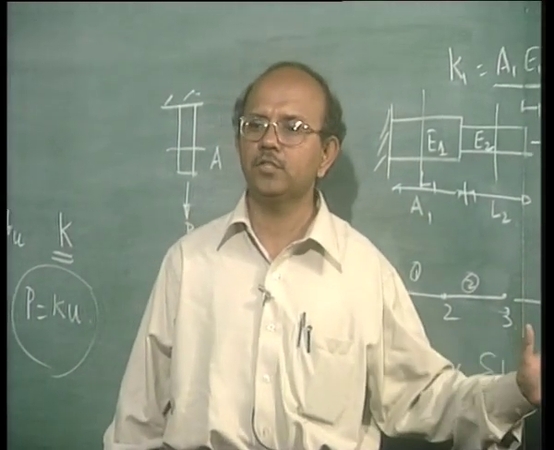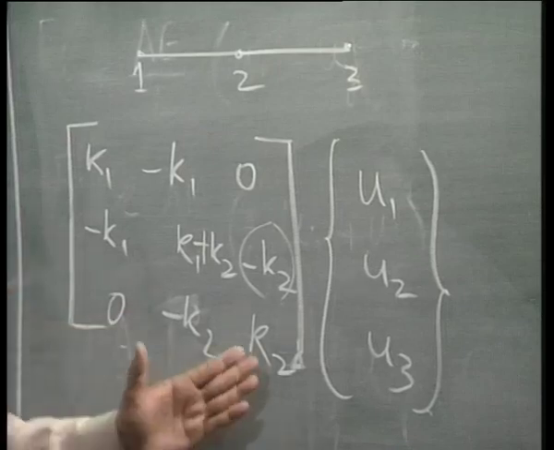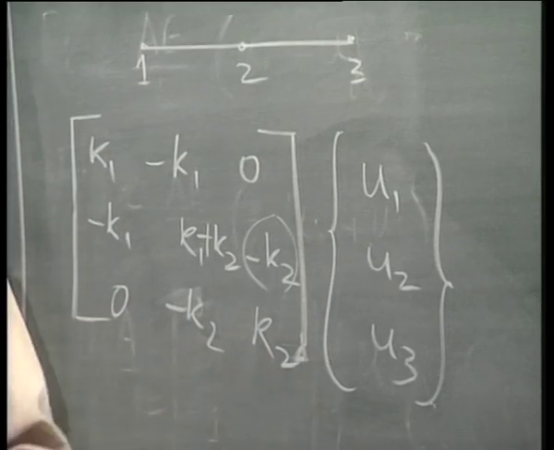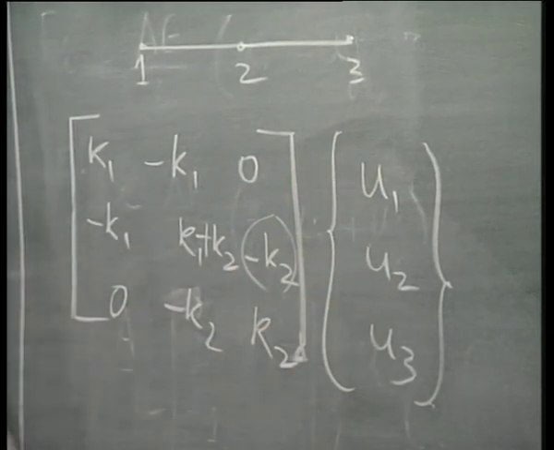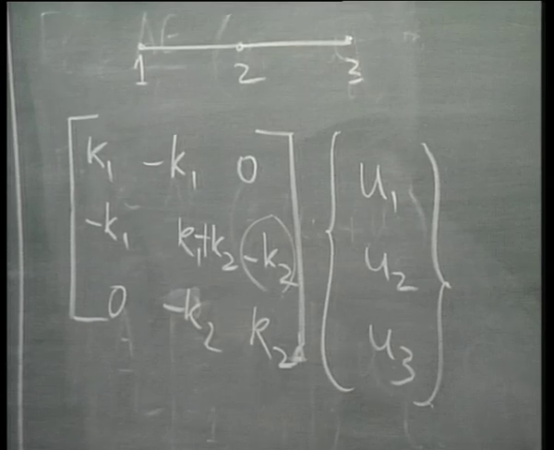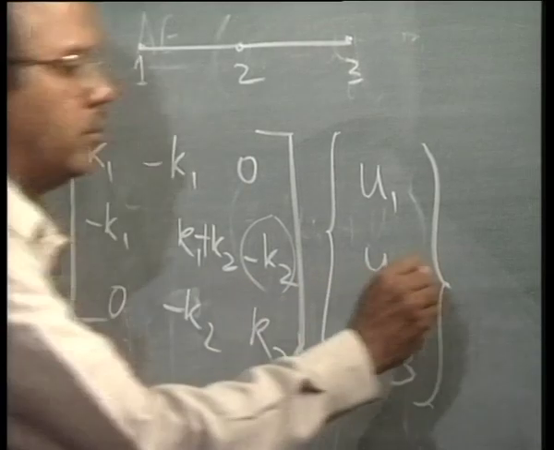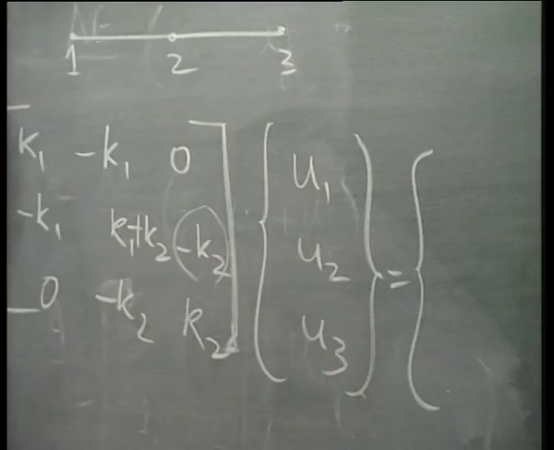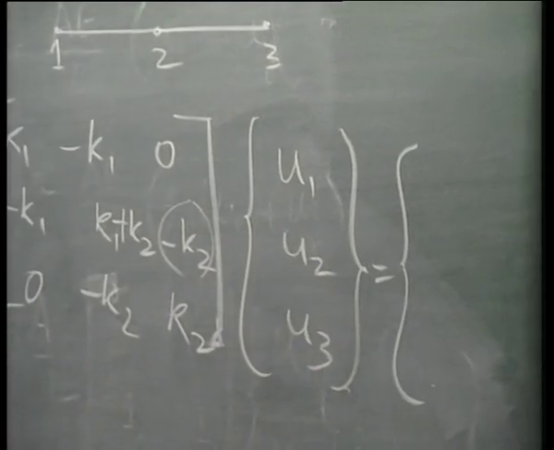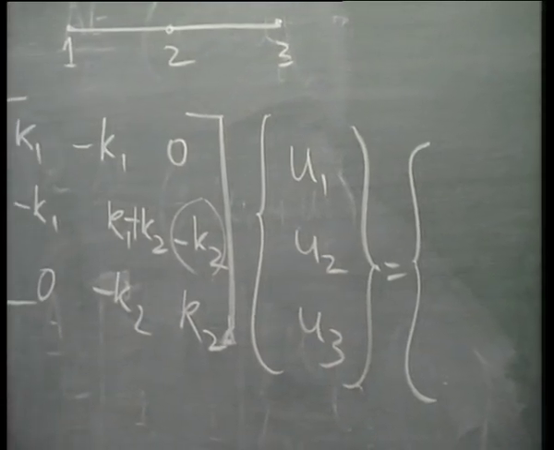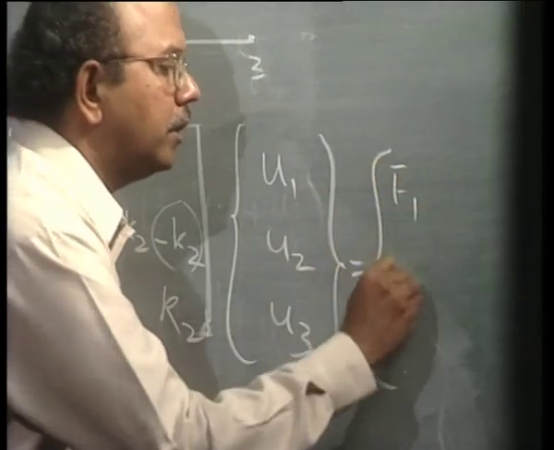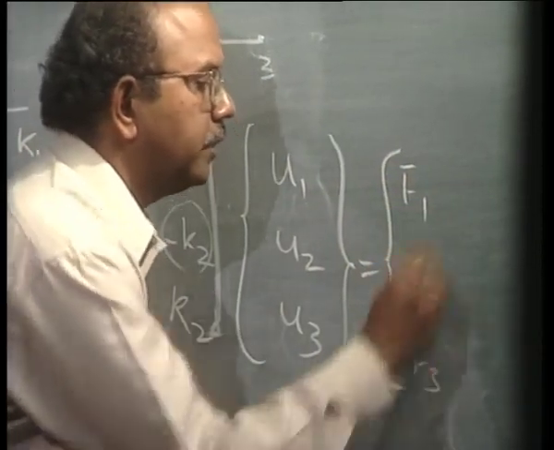Now there are 3 nodes and there is a 3 by 3 stiffness matrix and there are u1, u2, u3 that are not known. And what is the right hand side? Correct. So it is F1, F2 and F3.